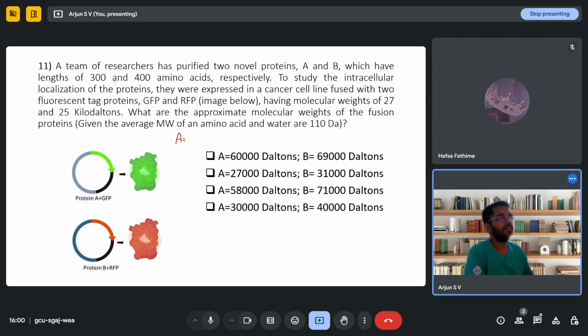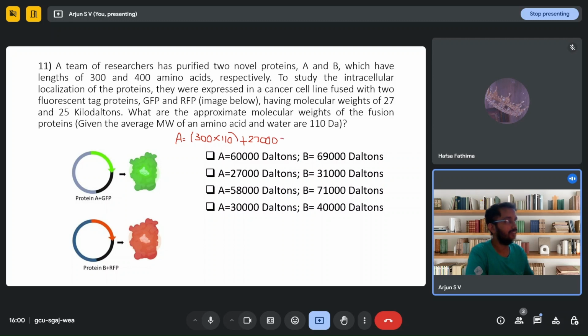As I said, you have to take the length of the protein and multiply it by the molecular weight. Protein A is 300 amino acids long, and you multiply it by the molecular weight of an amino acid in water, which is 110 daltons, and then add the molecular weight of 27 kilodaltons, so it will be 27,000 daltons, because all the answers are in daltons.